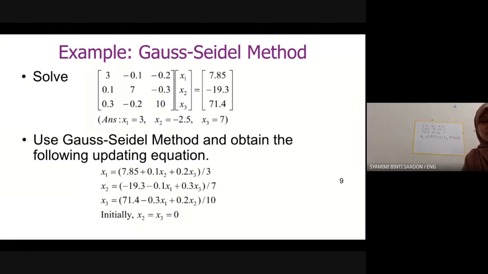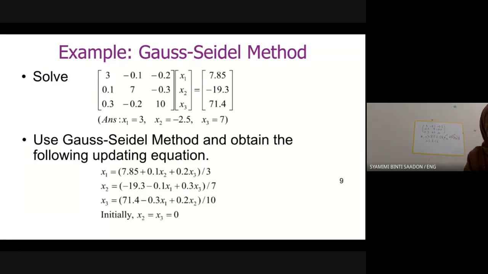For x2 and x3, we assume initially, using the Gauss-Seidel method, that this one is 0 and this one is 0 also. So in the first step you get x1 as 7.85 divided by 3, which is around 2.616.